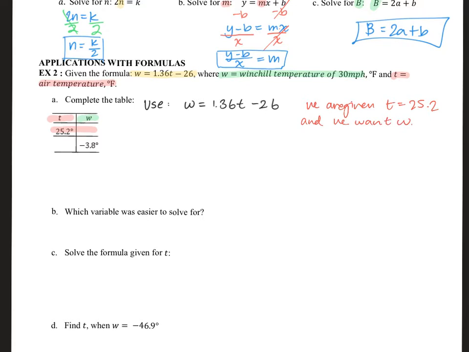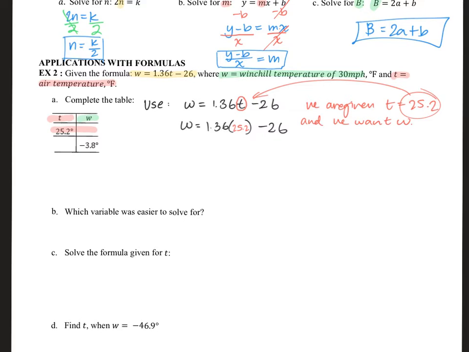You replace wherever we see T with 25.2 and then solve for W. Not a bad plan. So W equals 1.36 times, and I'll input that value for T, 25.2.